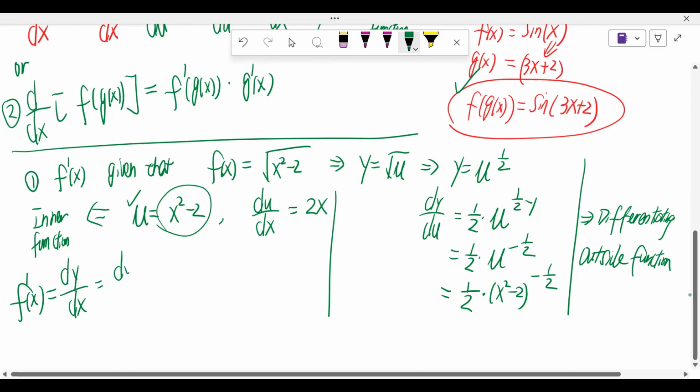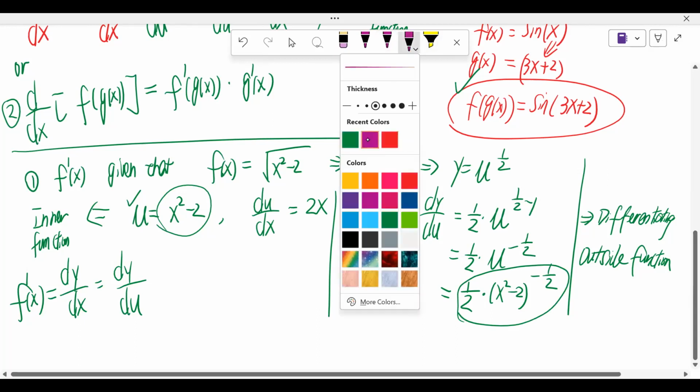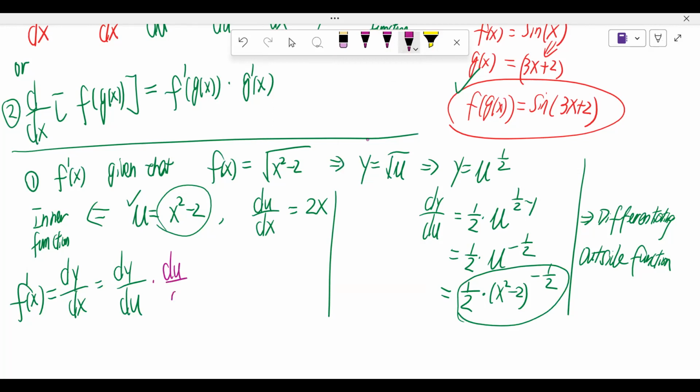Then we have dy over du, which is this, then du over dx, which is this. Put it together and you get a result. dy over du is half times x squared minus 2 to negative half, and du over dx is 2x. Are you guys following so far?